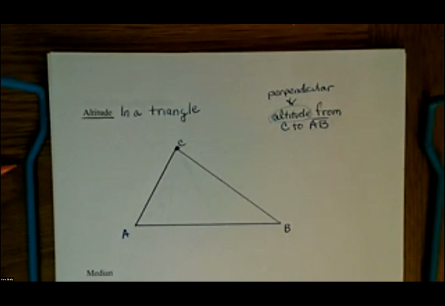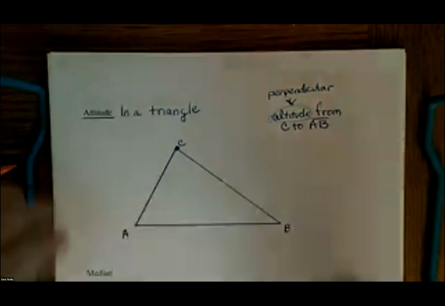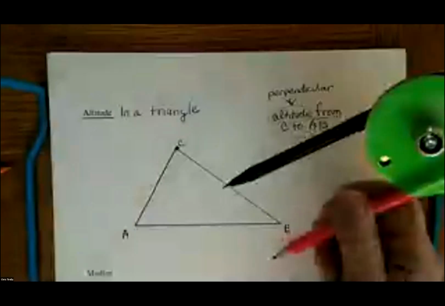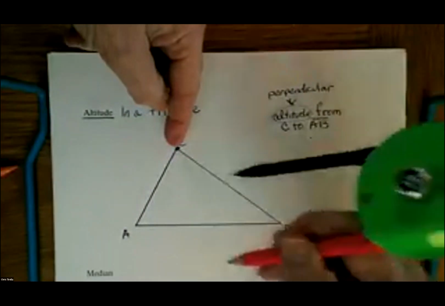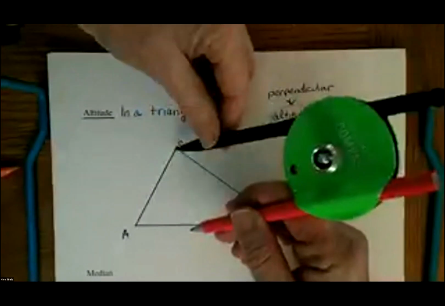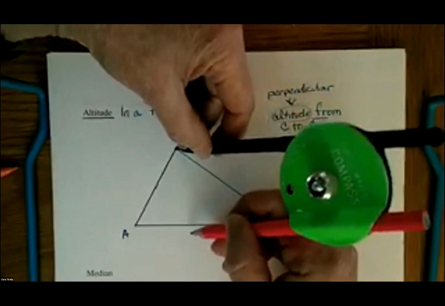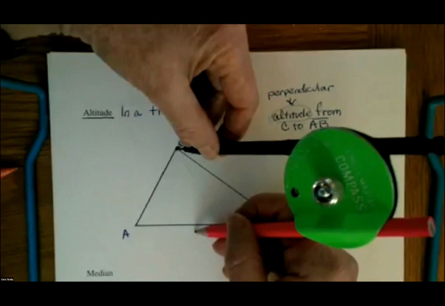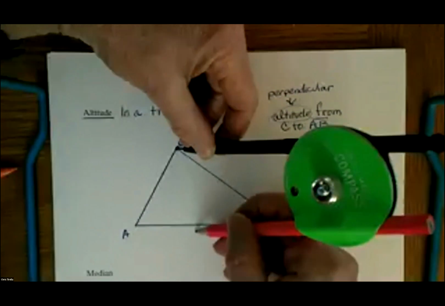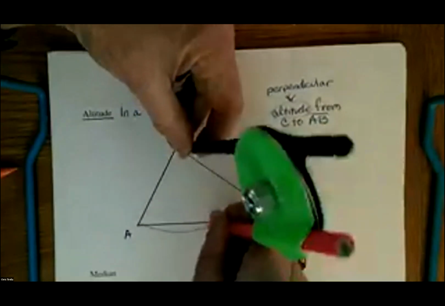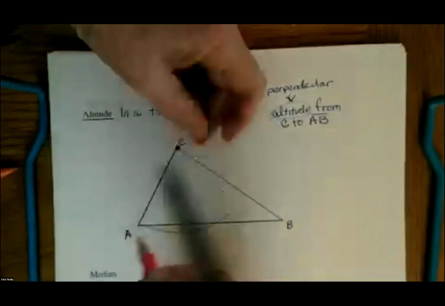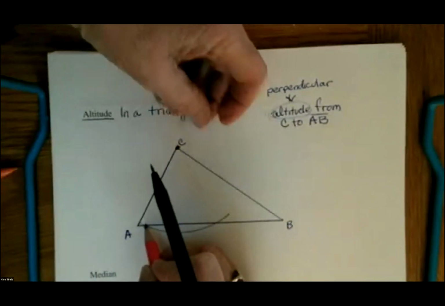And so this isn't a different construction. It's that one construction we just did. For the perpendicular from the point off the line to the line, remember we're putting our compass on the line and we're going to open it so that it goes to the other side of the line and swing an arc that crosses in two places.